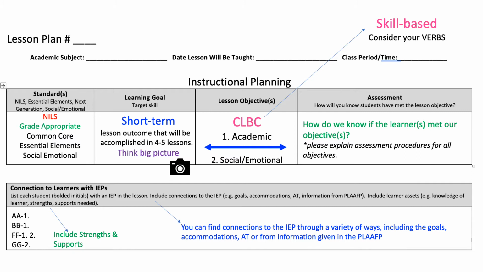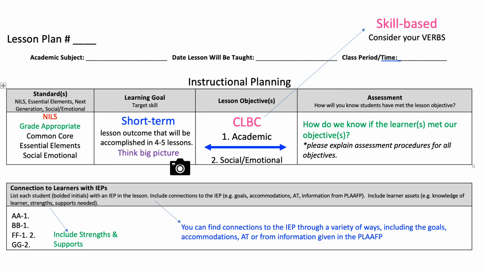Next section is the connection to learners with IEPs. It says for us to list each student's bolded initials. So you'll see on the left that we have our learners AA, BB, FF, and GG. You'll also see that there is a number next to each of those set of initials. So for AA and BB, that means there's an IEP connection to my academic lesson objective.